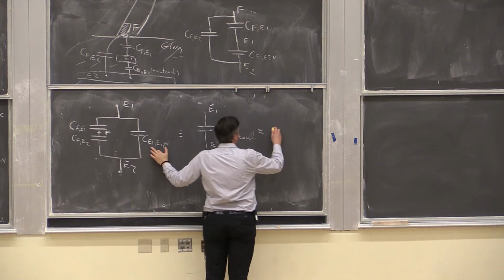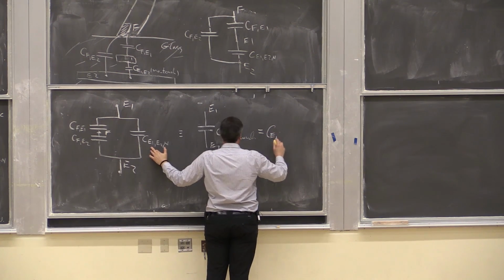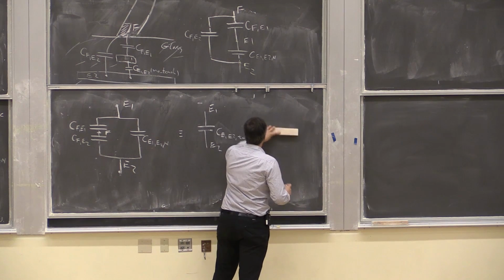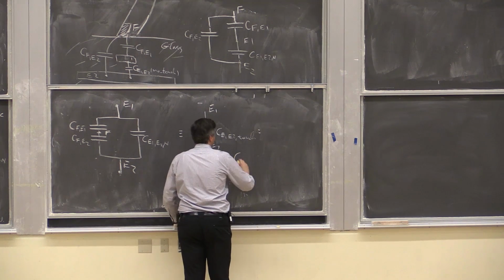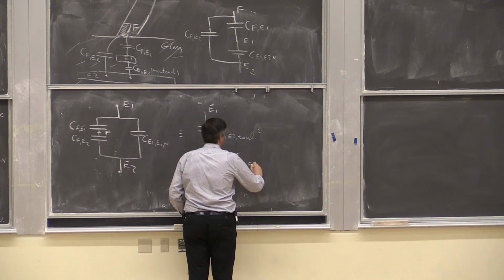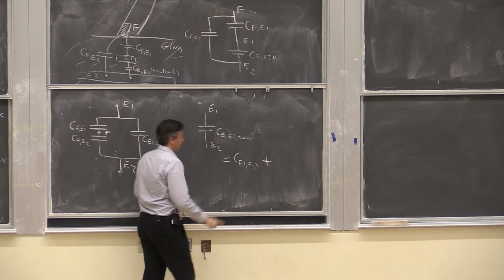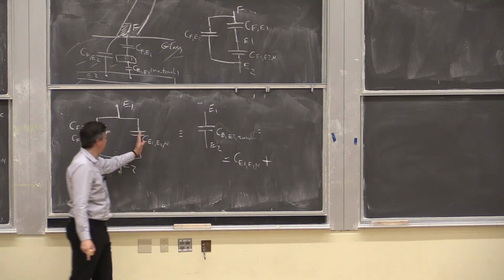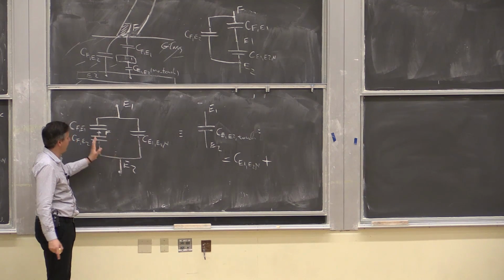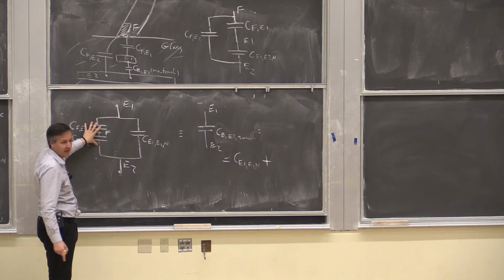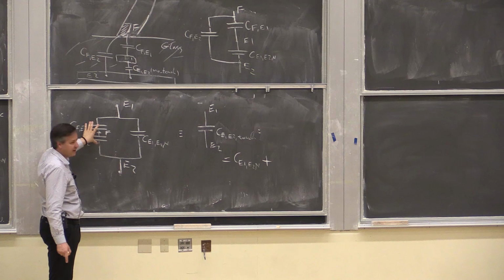So here we have CE1, let's write it here, equals CE1E2 no touch, plus, this plus comes from basically this CE1E2N being in parallel with some equivalent capacitor here. And then we look at what's here.